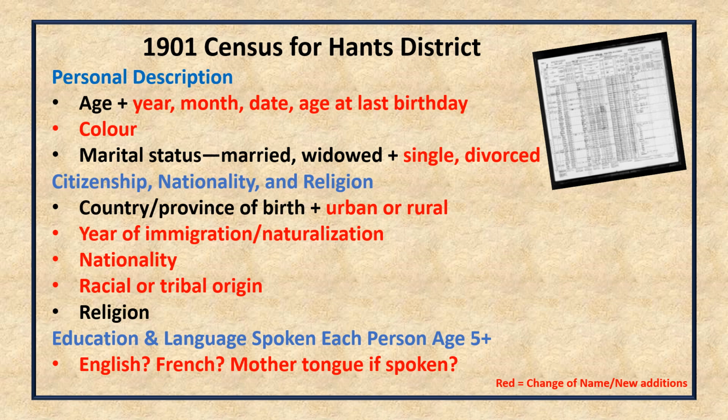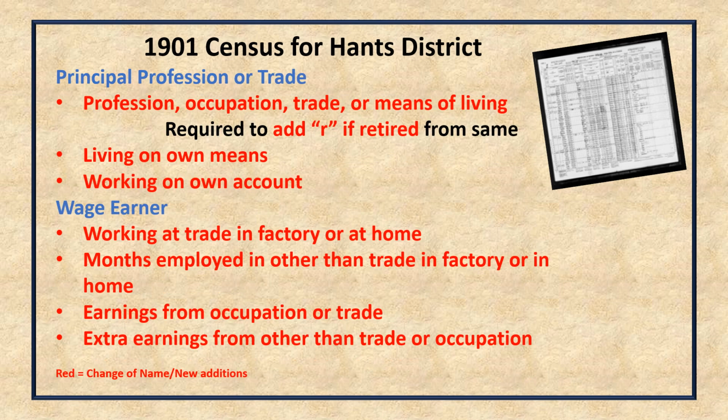Also, for the first time, mother tongue is requested, which would include speakers of Gaelic, a language common among the earliest settlers in East Hants after the American Revolution. Employment data also takes a deeper dive into the work lives of householders. Now enumerators ask for profession, occupation, or trade, not just whether persons are employers or employees.